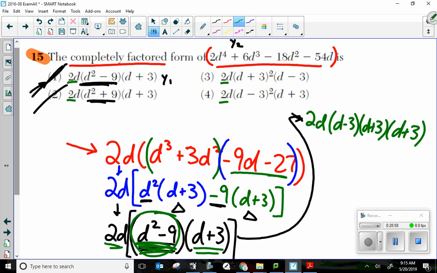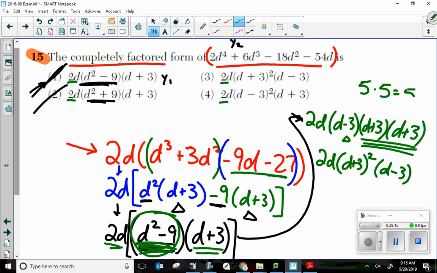They rewrote this as 2d, instead of writing this side by side, (d plus 3) squared, and then I have this d minus 3. That's like saying instead of writing 5 times 5, you can just write 5 squared, and that's what they did. So my answer is 3.